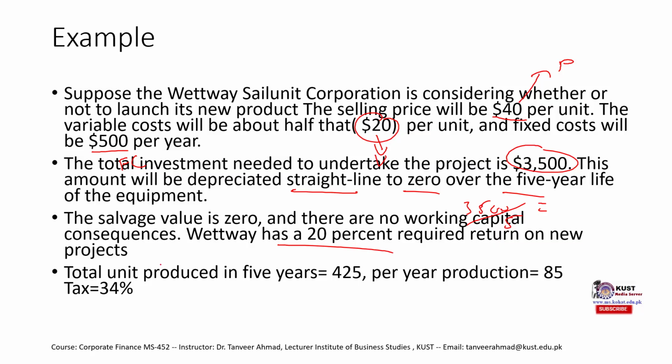The total units produced in 5 years would be 425, and the yearly production would be 85. This number is important. We should remember that this company has estimated its sales or production would be 85 units per year.